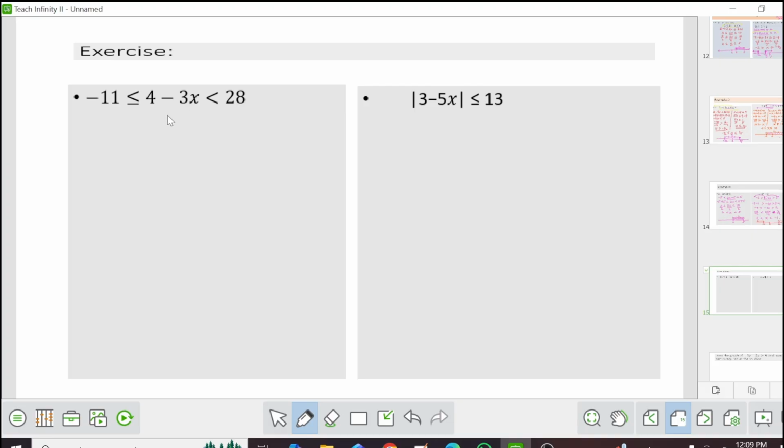So I have 4 minus 3x less than 28. Then 4 will be distributed, minus 4. Then this is minus 11 minus 4. So this one will give me minus 15 less than or equal to 4.